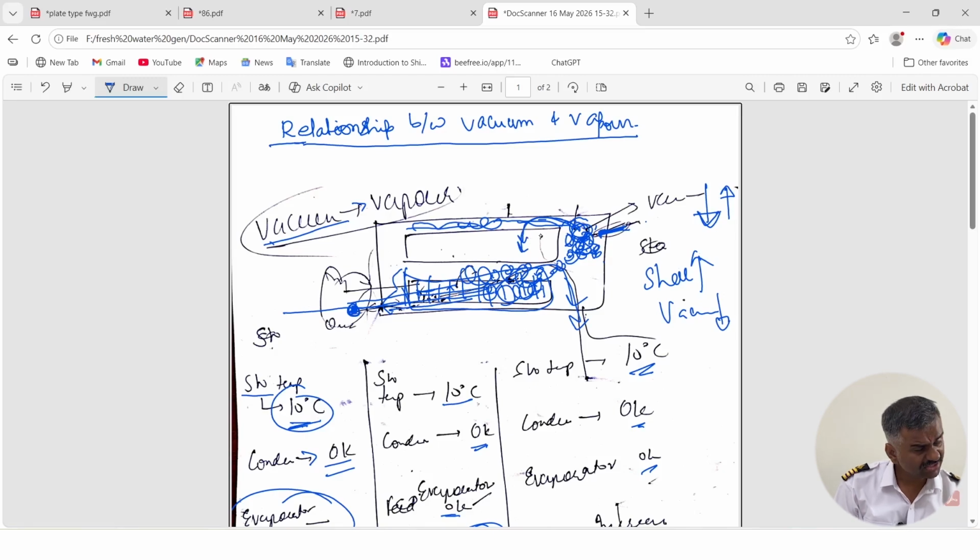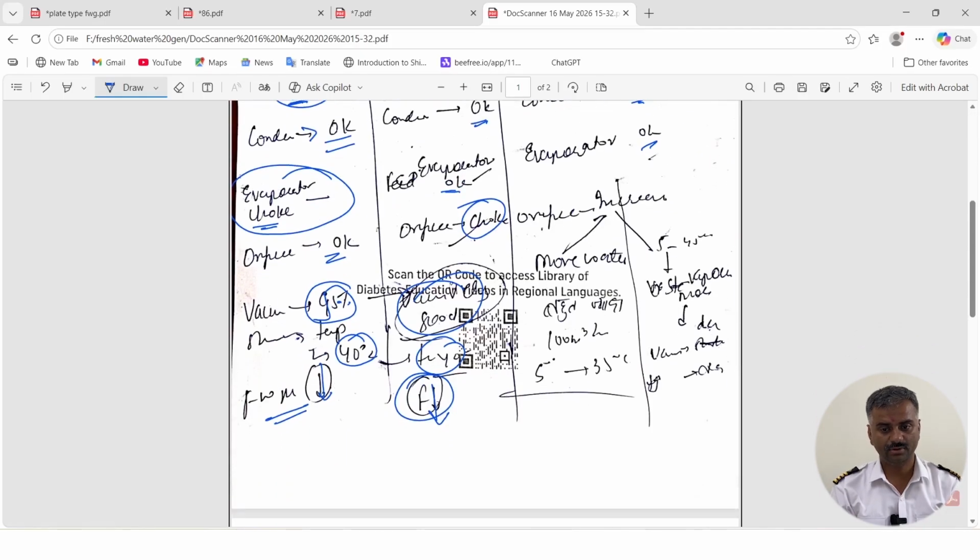Then this steam will have a chance of carrying salt also, because of the faster rate of production, salt carryover. So when the water is condensed, there is a chance that the salinity will increase. Production will increase in this case, but salinity will also increase. Okay, so in this case, with the bigger orifice, vacuum will drop, production will increase, and salinity will also increase.